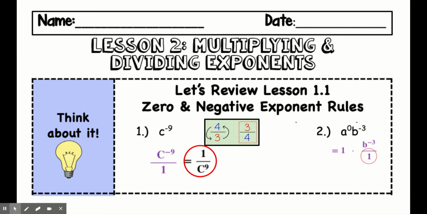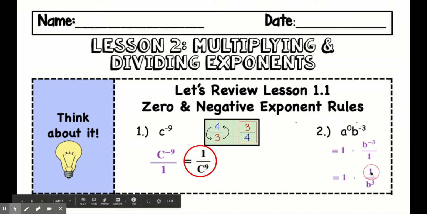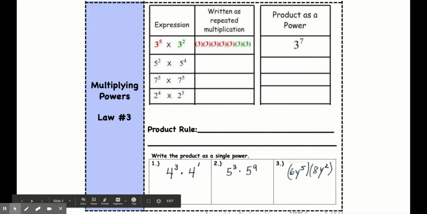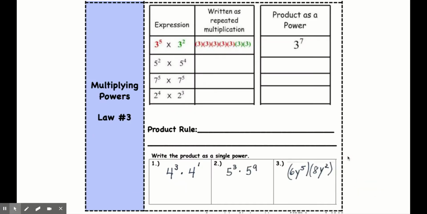I put a 1 under it, because I'm now going to find the reciprocal. I'm going to flip it, which means I'm going to have 1 on the top, and now my exponent has turned positive. And this is my final answer because all I was doing was multiplying by 1, and that doesn't change the value. All right, so now let's dive into some multiplying rules, multiplying exponents.